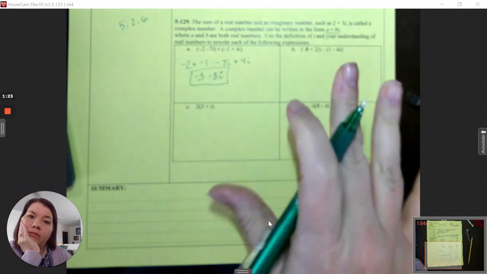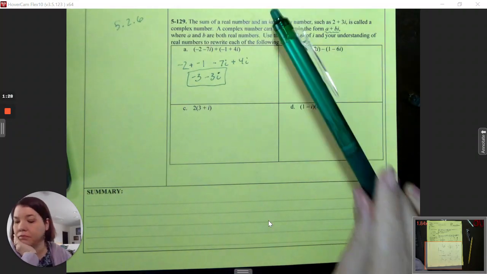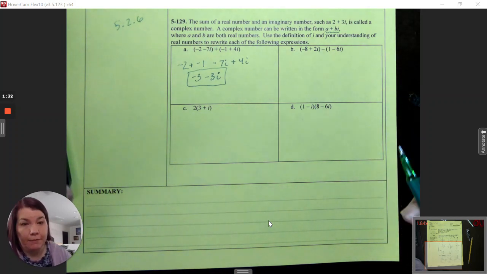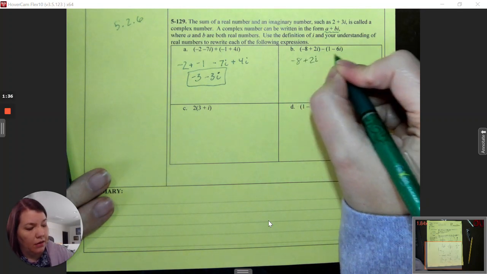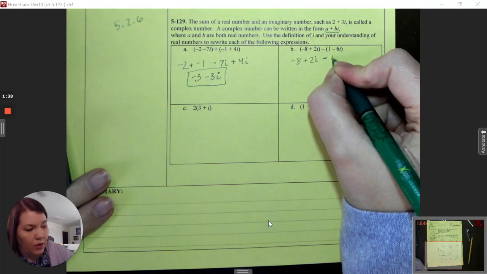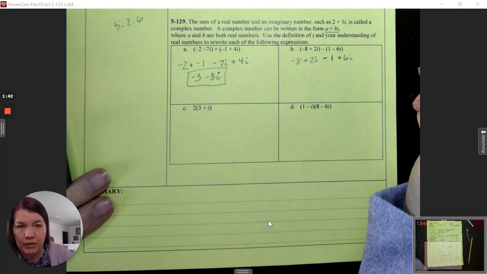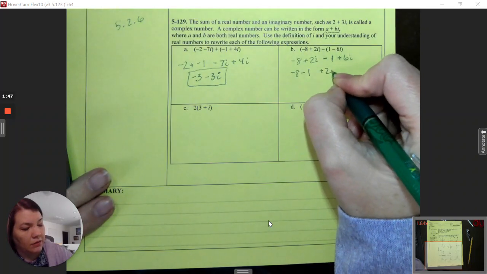There you go. Then for B, I'm going to subtract. It's the same idea. So I've got -8 plus 2i minus 1 plus 6i. So just distributing the -1 sign, combining like terms: -8 minus 1, positive 2i plus 6i.